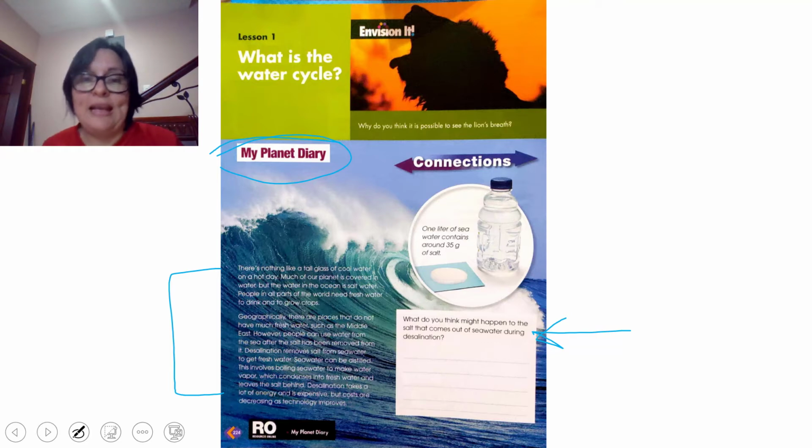You are going to read the text. The question says, what do you think might happen to the salt that comes out of seawater during desalination? So read this text of here and then answer this question that you have in here.